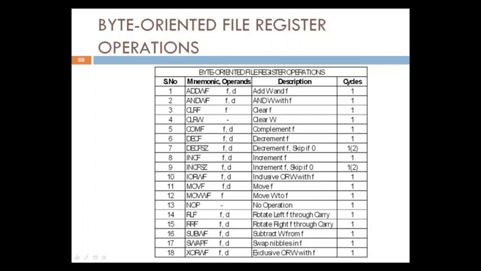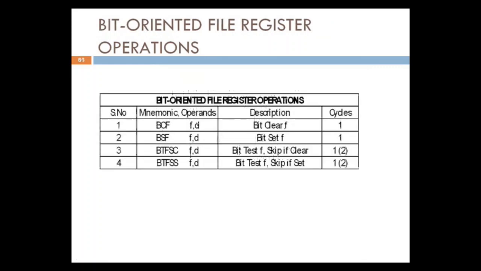These 18 byte oriented operations are arithmetic, clear, decrement, increment, move and no operation, subtraction, XOR, so totally based on arithmetic and logical operations. Based on the instruction, it requires either a single machine cycle or 2 machine cycles. The 2 machine cycles are needed only for branch or conditional operations.